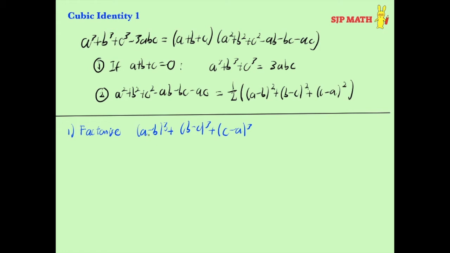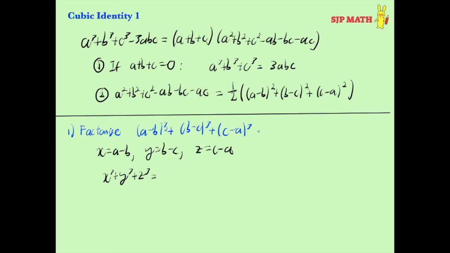So why not put each of these numbers as some variables to make things easier. Let's say that x is equal to a minus b, y is equal to b minus c, and z is equal to c minus a. So we want to find an expression for x cubed plus y cubed plus z cubed.